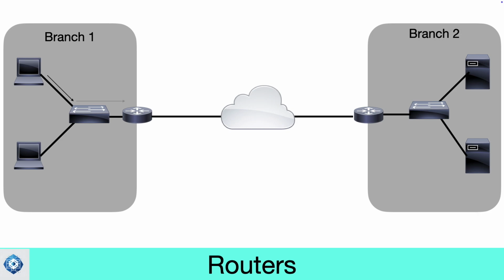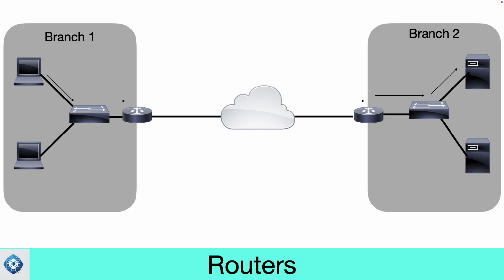So as you can see here, this top PC makes a request through the switch, goes out to the router, through the internet, into branch 2's switch, and up to that server. Then that server could just reverse course and send everything back with the requested data. So that is how you start to use the actual internet and talk between each other.